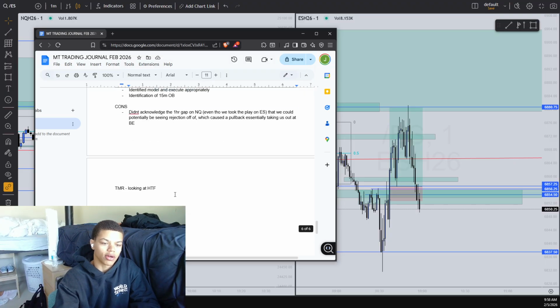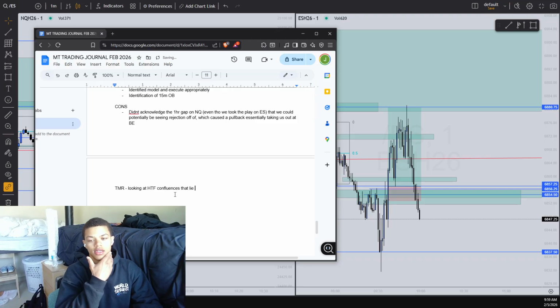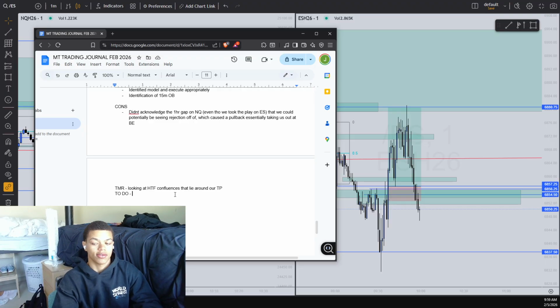All right, so tomorrow, looking at high time frame confluences that lie around our take profit. We want to see, because clearly we could have had a play on NQ today and it was just moving crazy, very quickly. And honestly, I think that was a play we missed on NQ.